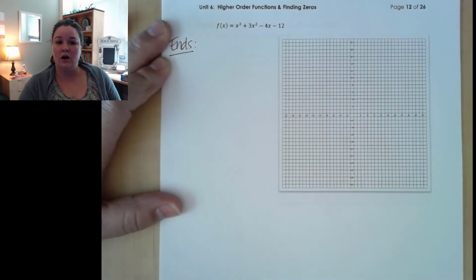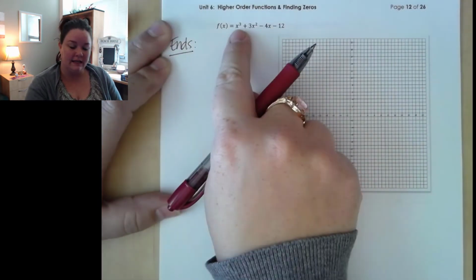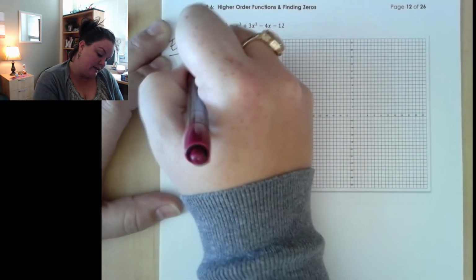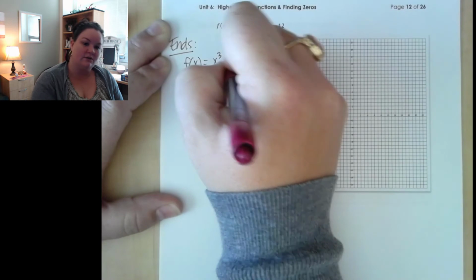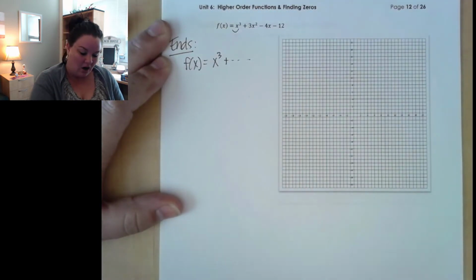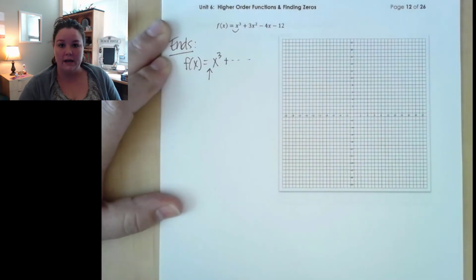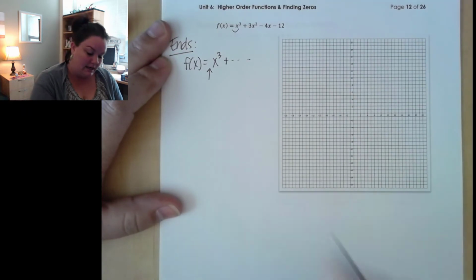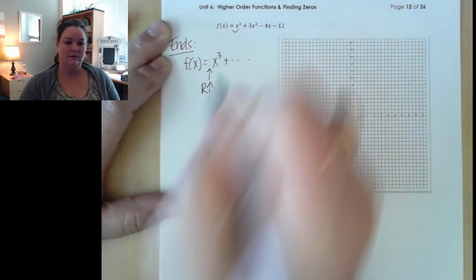And to figure out what's going on at the ends, we need to look at our leading term here, right? So our leading term, we have f of x equals x cubed plus other stuff that we don't really care about, right? Our leading coefficient is a positive 1, which tells me that my right side, when I have a positive leading coefficient, is going to go up, okay?